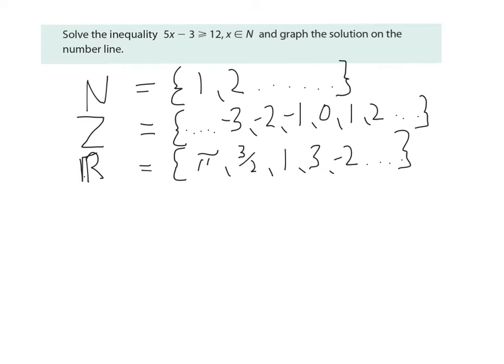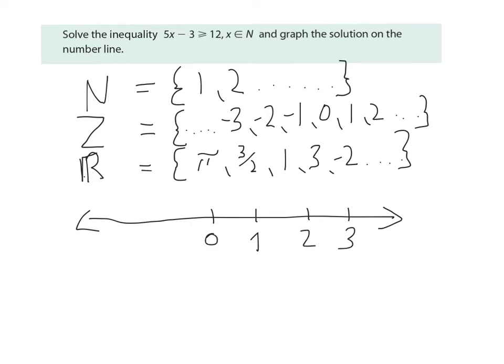So if we're denoting them on number lines, if we're doing our natural numbers, we would only shade in the actual numbers. So the natural numbers would be, say for example, 1, 2, 3, okay, that would be our natural numbers.